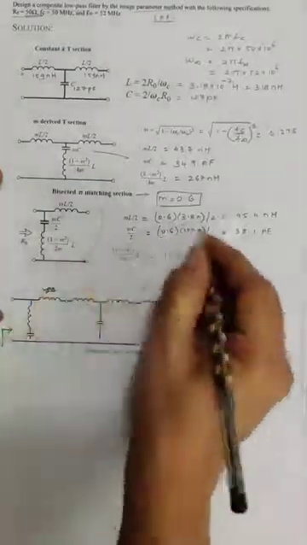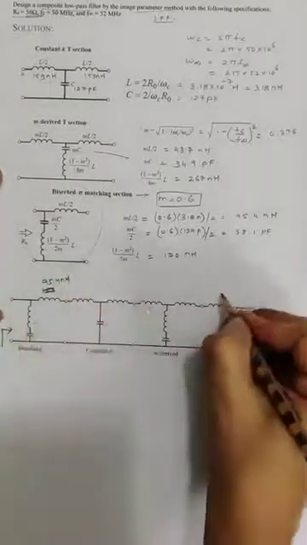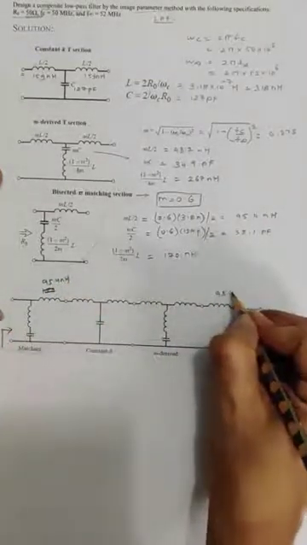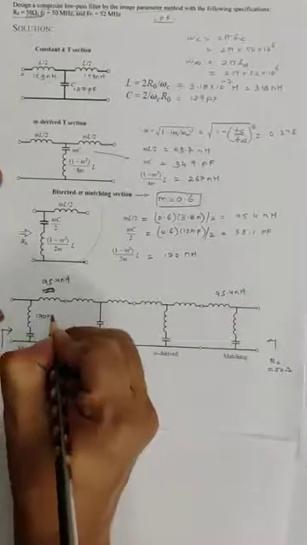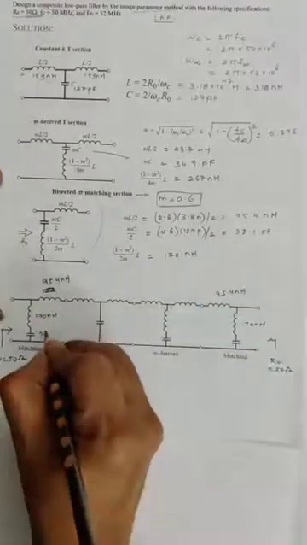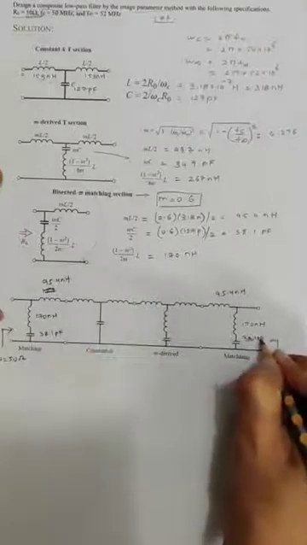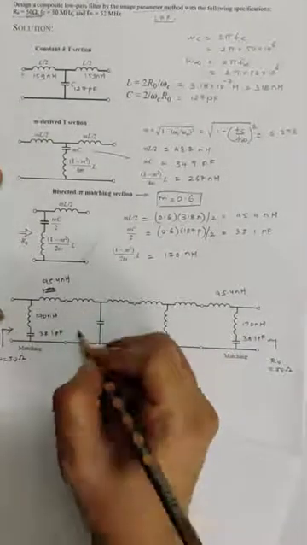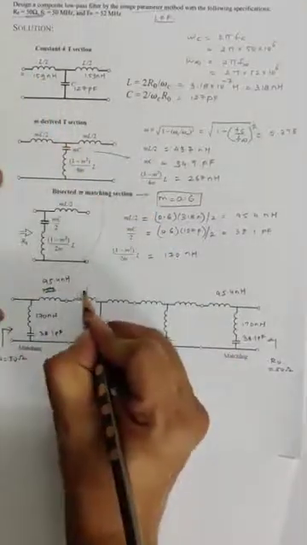So this one will be 95.4 nanohenry. This is 170 nanohenry. 38.1 picofarad. Here you have constant K, so 159.